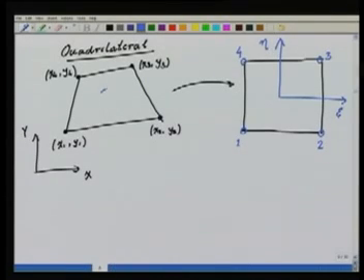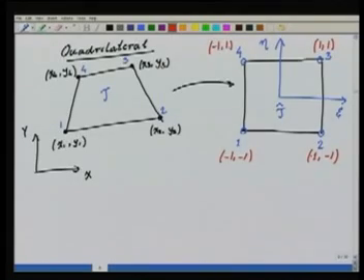So this is my generic element tau, this is the master element tau hat. And this was my node 1 in the physical element, node 2, node 3 and node 4. This node 1 will have coordinates minus 1, minus 1. Node 2 will have coordinates 1, minus 1. Node 3 will have coordinates 1, 1, and node 4 will have minus 1, 1.